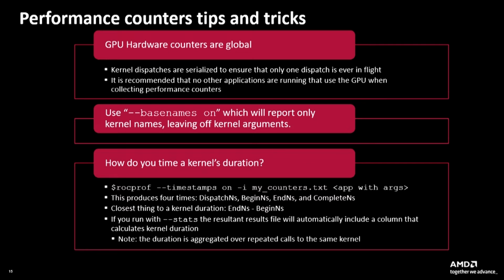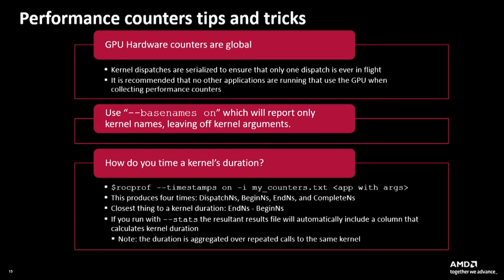A lot of people have always asked me, how do you identify kernel duration without doing things like HIP tracing? In rocprof, there is nothing called a kernel time, but with timestamp on, for whatever counters you're trying to identify, it will always produce these four different times for your kernels, which is basically the dispatch in nanoseconds, at what nanosecond your kernel began executing on the GPU, when it ended and when it completed.